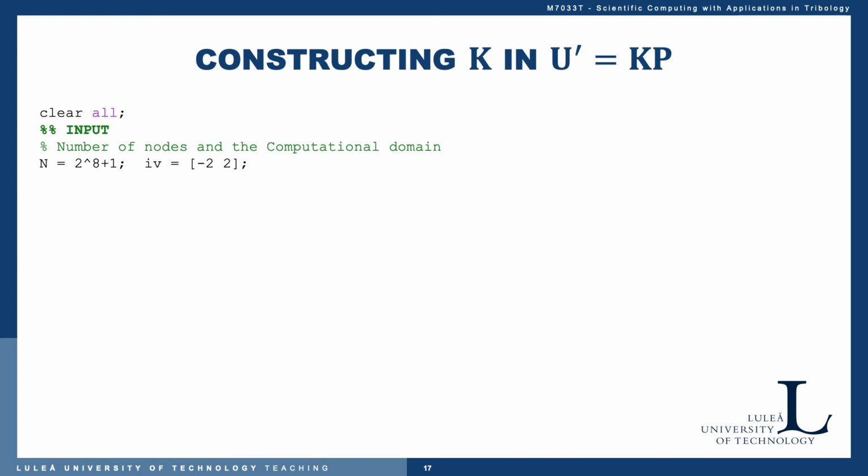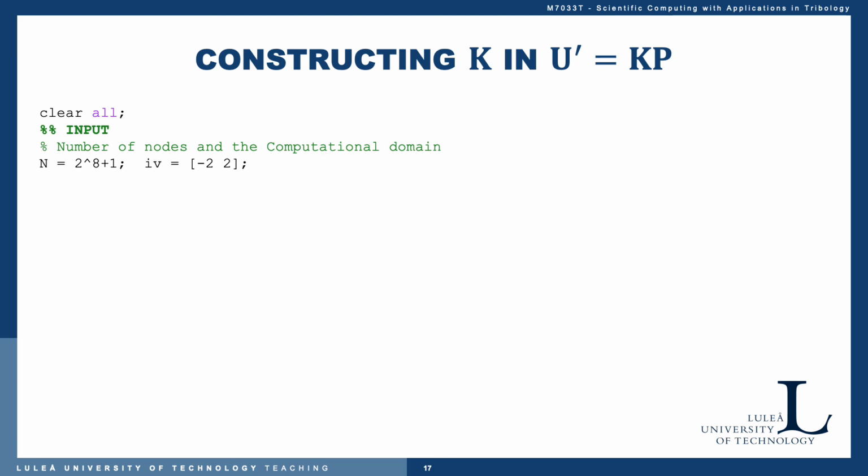We note here that I've used 2 to the power 8 plus 1 to define the number of nodes, and by doing so I can modulate this exponent to 6, 7, 8 or so, and by that doubling or halving the step size and verifying, validating the method that I'm trying to construct.